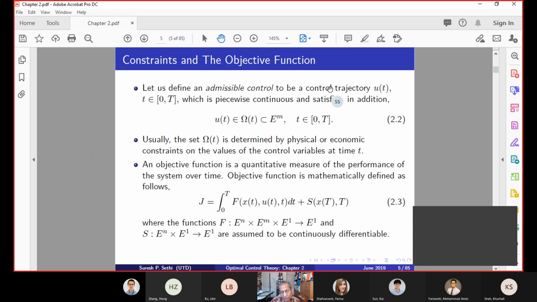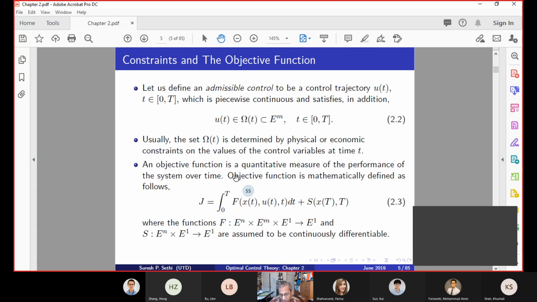An admissible control is a control trajectory u(t), t from 0 to T, for u(t) belonging to a specified set Omega(t), which is a subset of E^m. In a single variable, it could be just an interval. Omega(t) is determined by physical or economic constraints on the value of the control variable.